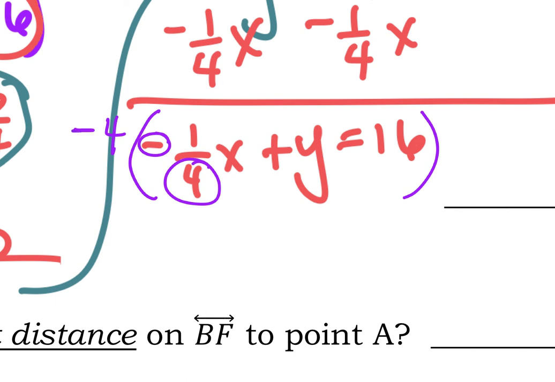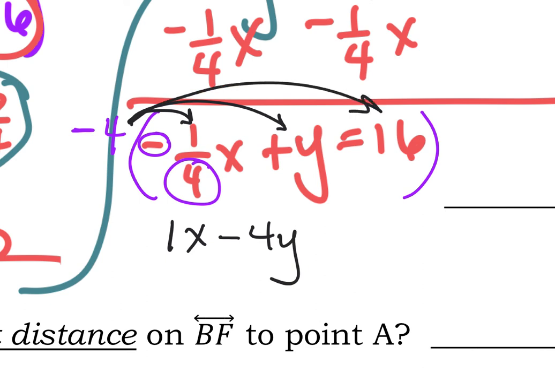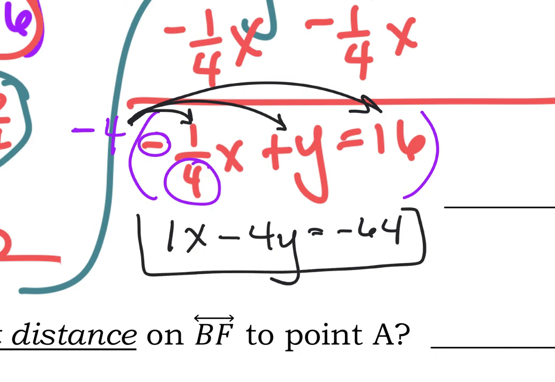Remember, the whole point is that when I multiply, the only thing left is what's in the numerator. What's in the numerator? A 1, so this should be 1x. What's negative 4 times y? Negative 4y. And negative 4 times 16 should give us a negative 64.